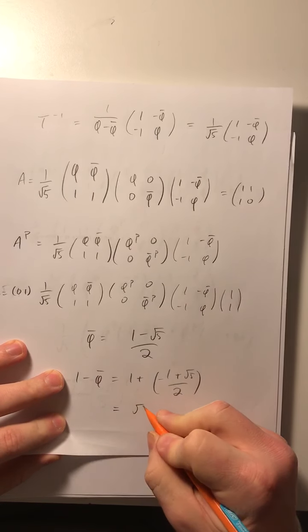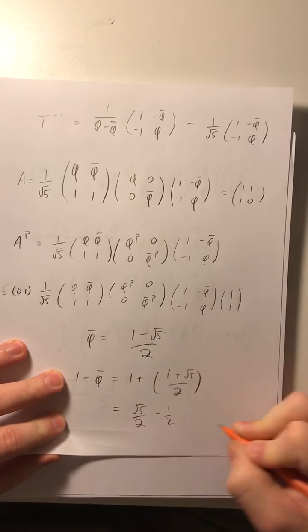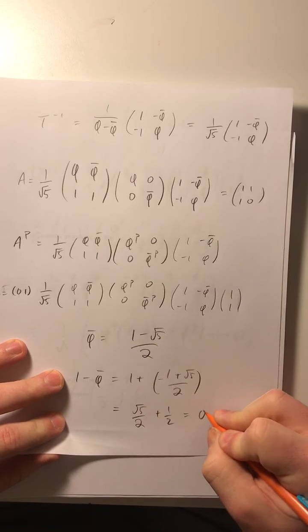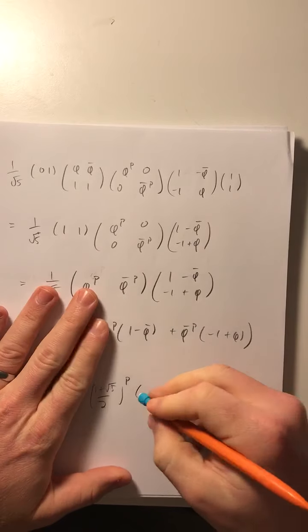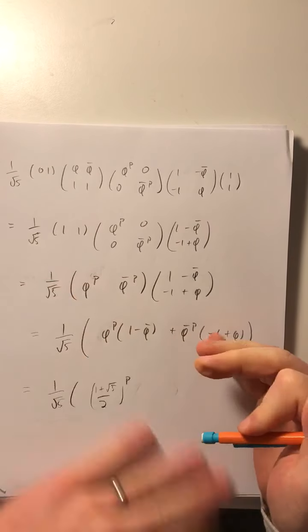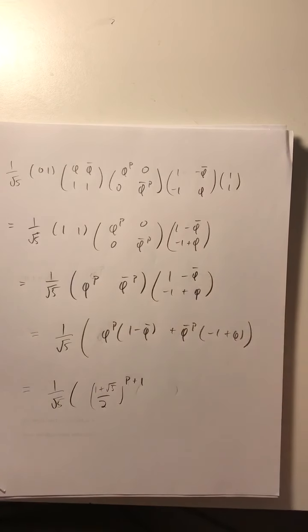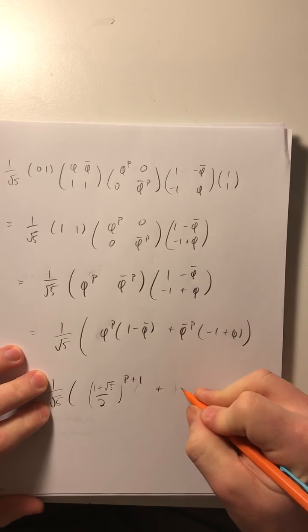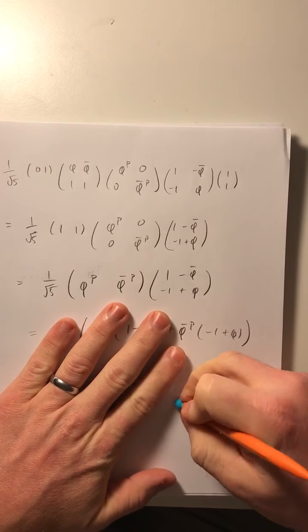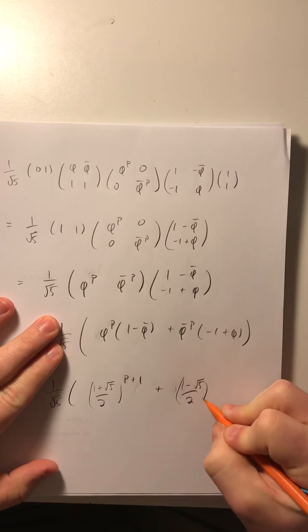Okay. So we get the square root of 5 over 2 plus 1/2, which is positive phi. So 1 minus phi bar here is phi. So I get phi to the P plus 1 here. I get plus phi bar, 1 minus the square root of 5 over 2, to the power P.